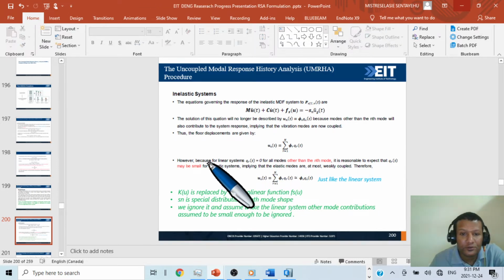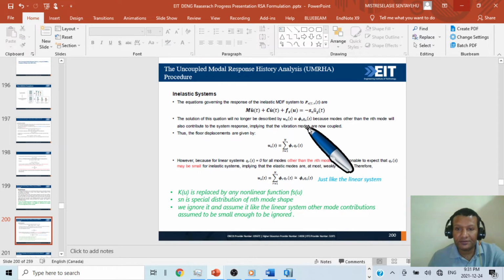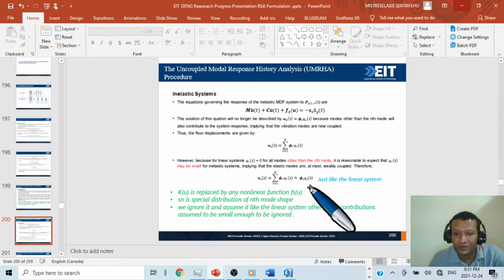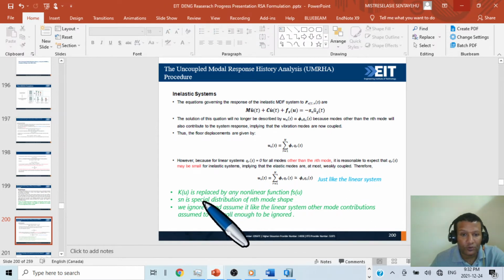Once we use this assumption, which Chopra made, that the displacement is approximately equal to phi n times qn of t, just like a linear system, now we are ready to go.